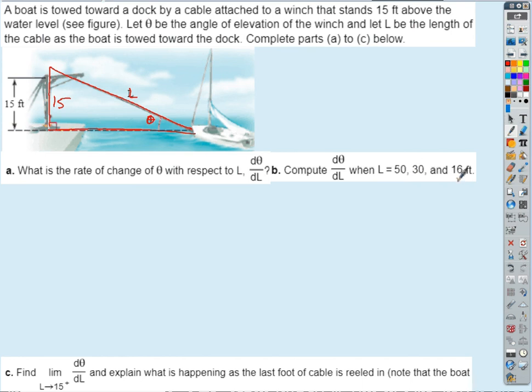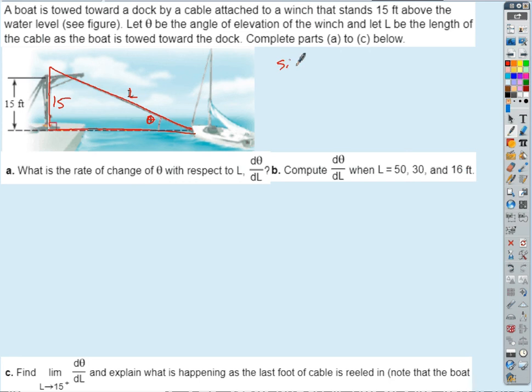Okay? So how are we going to do this? There's a triangle. How are we going to come up with an equation that we can differentiate here, that relates L and theta? You know that sine theta equals 15 over L. Okay. So by SOHCAHTOA relationships, we can see in this triangle, theta is the angle.